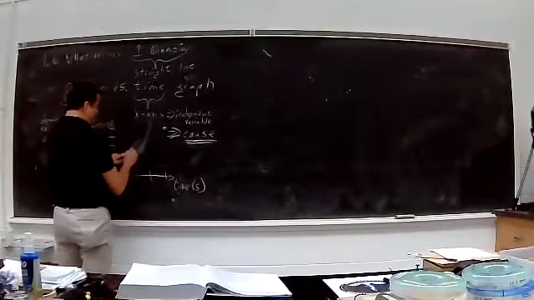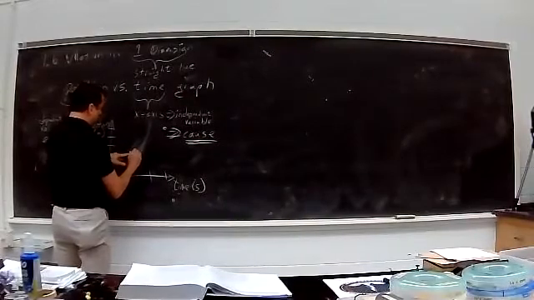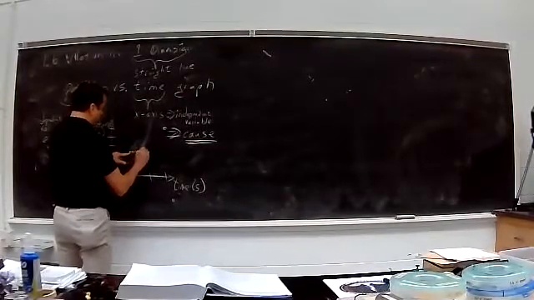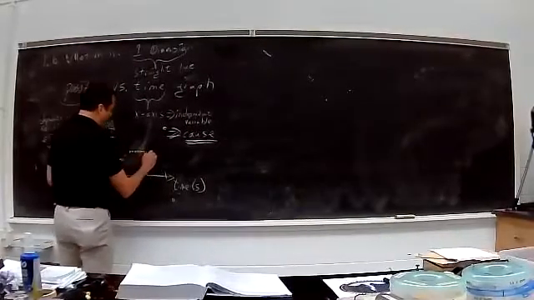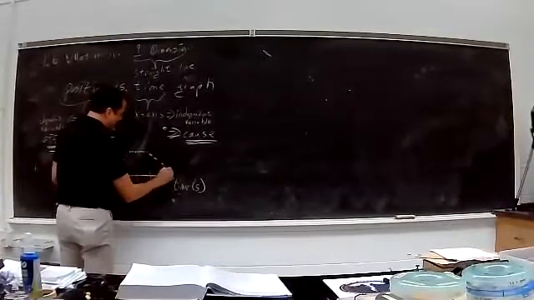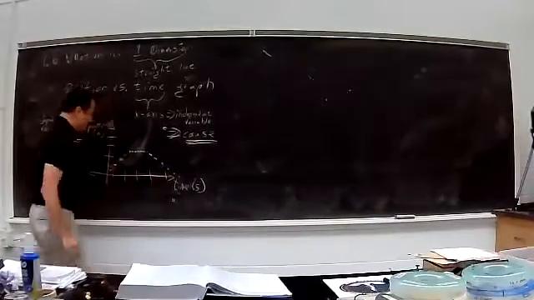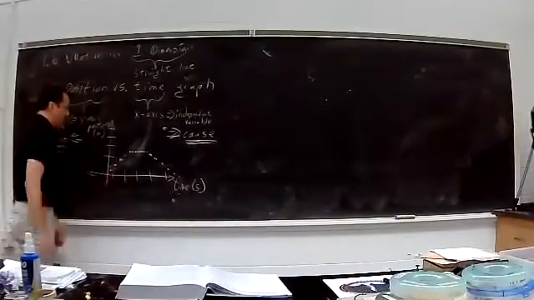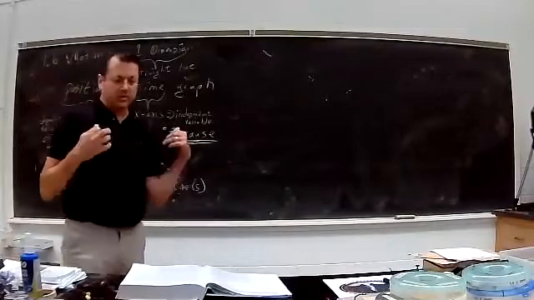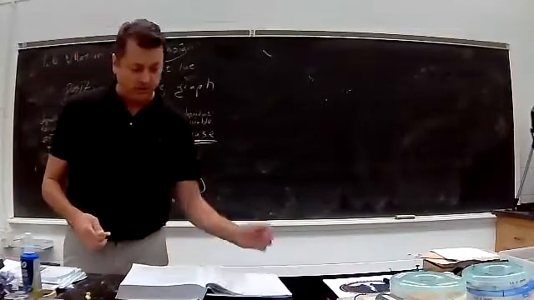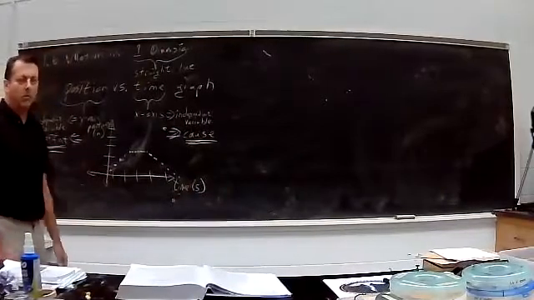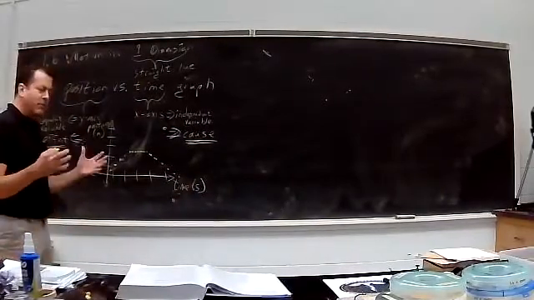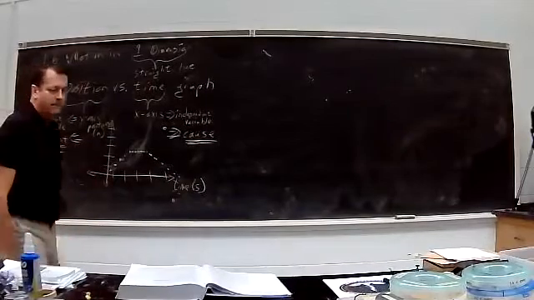Now, over a certain time, my position doesn't increase. I'm staying where I'm at. And then I go back to where I started. So my position has to go back down. Okay. That would be my position versus time graph in this situation. That might be important to know. Graphical understanding of motion. Okay.